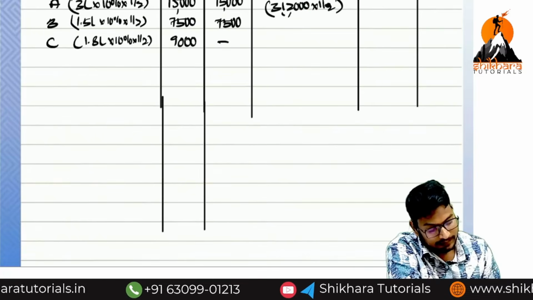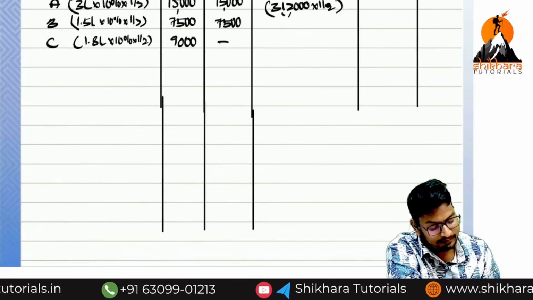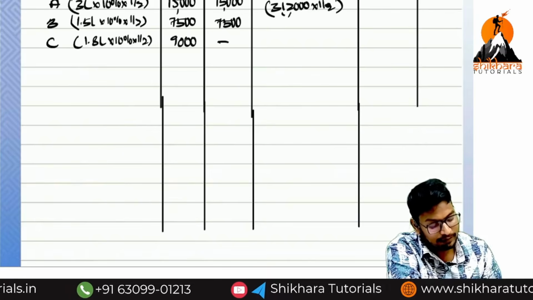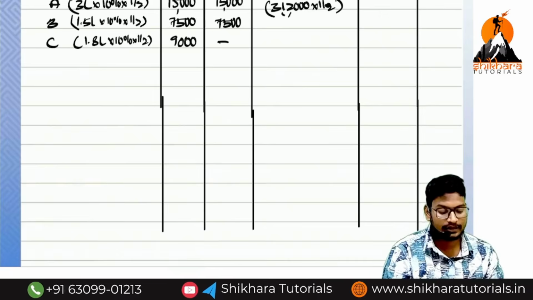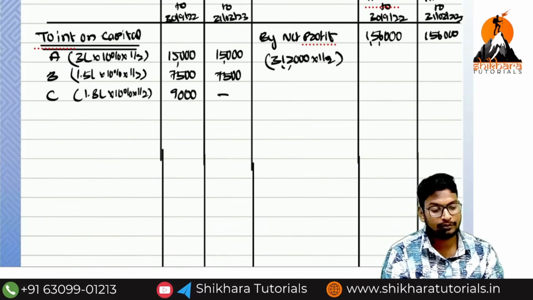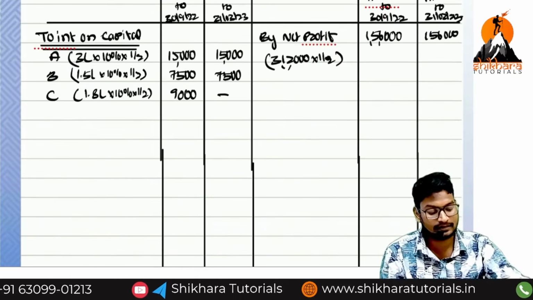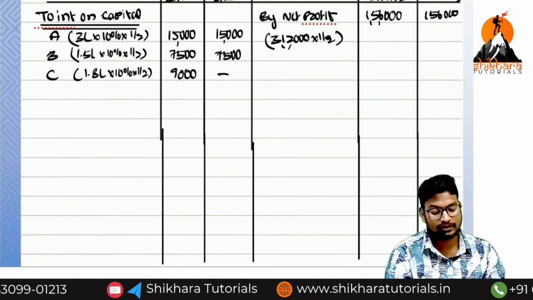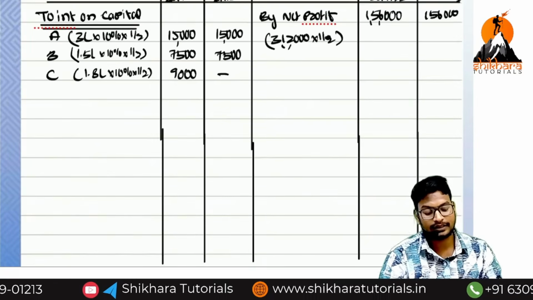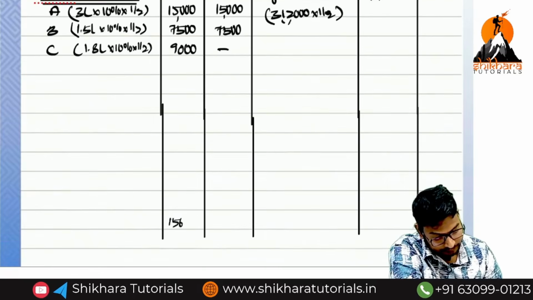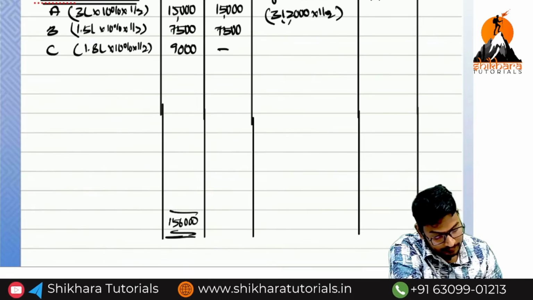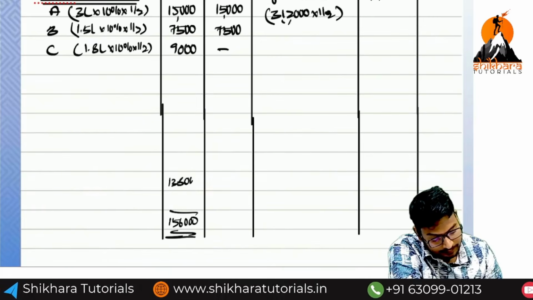What is the balance we can distribute to the partners? What is the amount here? 1,56,000 minus 15,000 minus 7,500 minus 9,000. How much? 1,24,500.